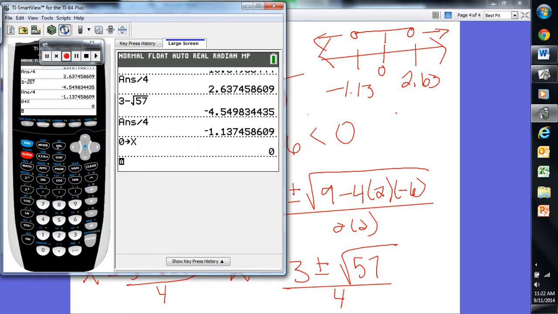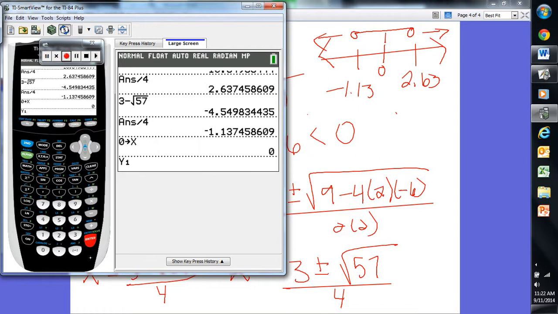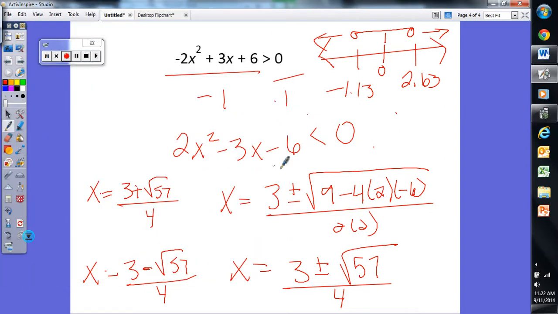And then alpha trace y1. And I'm afraid it's going to give me 0, which, nope, negative 6. Since negative 6 is less than 0, this is true, so your answer is in between negative 1.13 and 2.63.